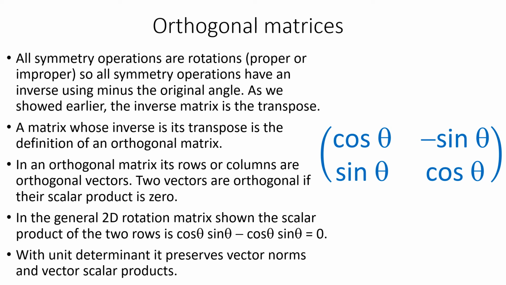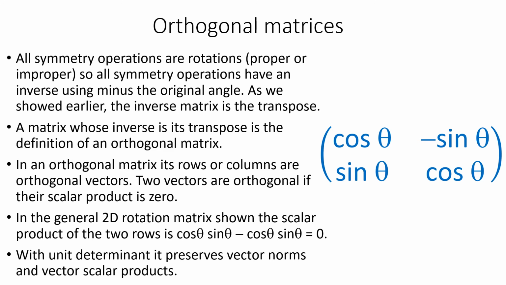And another point to make with these matrices is the fact they have unit determinant. As we know, for a 2x2 matrix the determinant will be AD minus BC. So looking at it, that would be cos squared theta minus minus sine squared theta, so that's cos squared theta plus sine squared theta, which of course comes to 1.